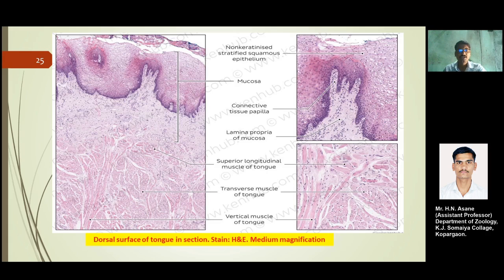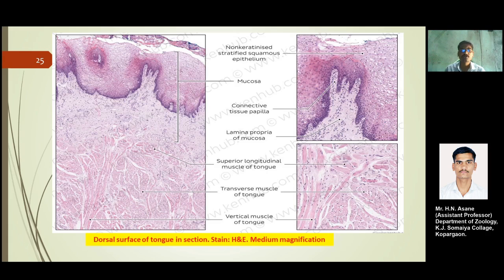The vertical muscles of the tongue shorten it, pulling it from the apex towards the root.